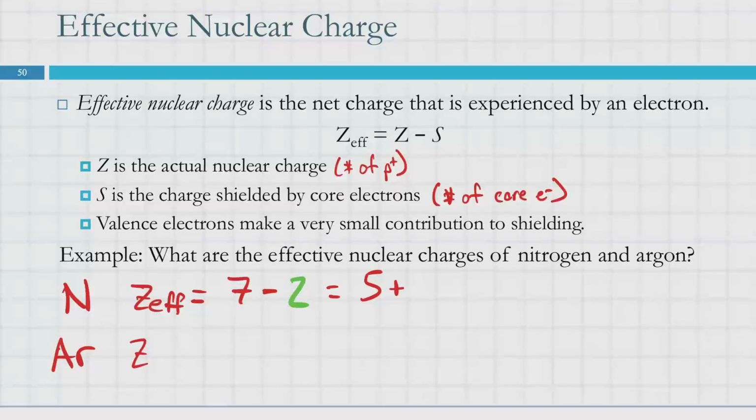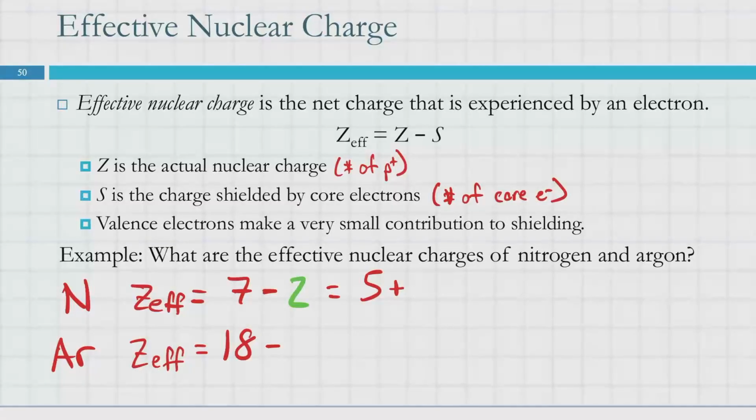For argon, for our effective nuclear charge, we take the number of protons that argon has, which is 18, because that's its atomic number, and we subtract the number of core electrons represented by the previous noble gas, in this case neon.